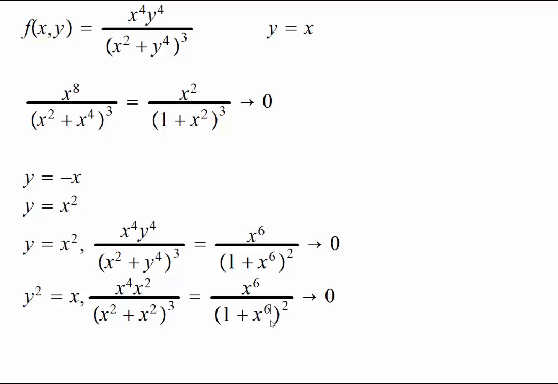I left a typo here, sorry about that. Then copy paste kept on. So if we go ahead and factor x square out, then that will factor out as x to the 6. And now we have a different value, right? That is, this doesn't go to 0 anymore. Now, what do we see? It approaches 1/2. So the function does not have any limit at 0, 0.